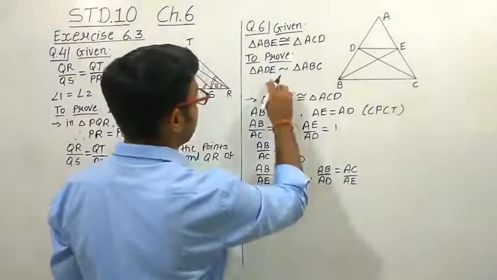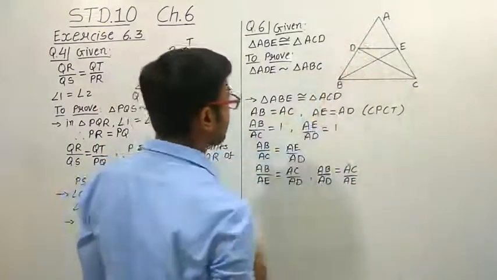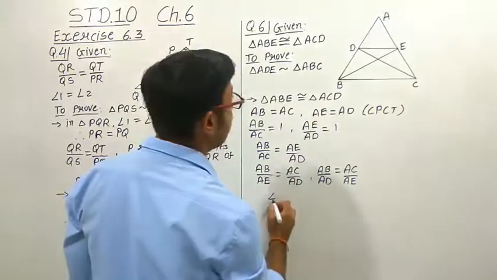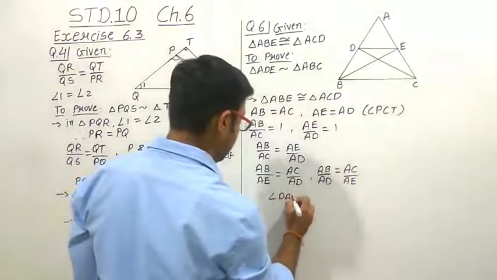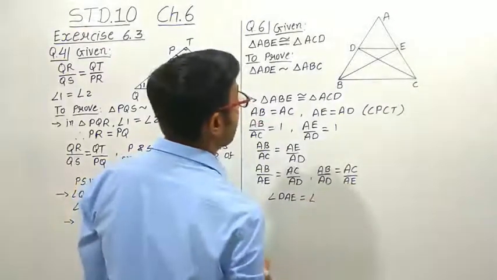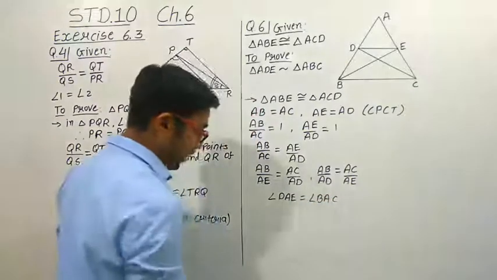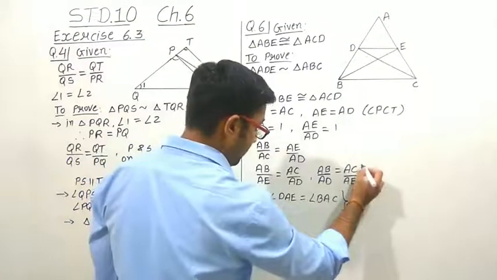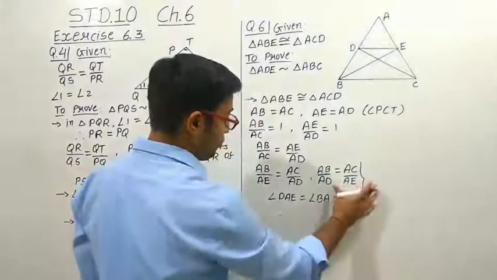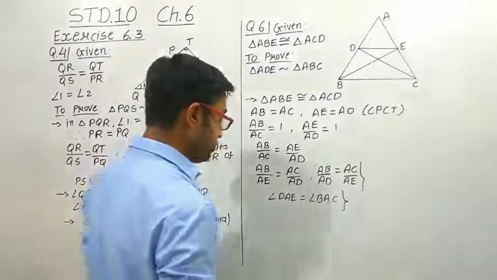Also, one thing we have is that angle A is common. So angle BAE is equal to angle BAC. So in two triangles, one angle is equal and the two sides are in the same proportion.